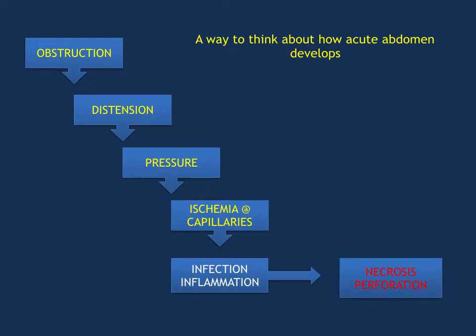And this is what causes a compromise of the wall and causes our defenses to crumble. And when this happens, then the luminal bacteria can infiltrate into the deeper layer, resulting in inflammation and infection, and even possibly necrosis and perforation.